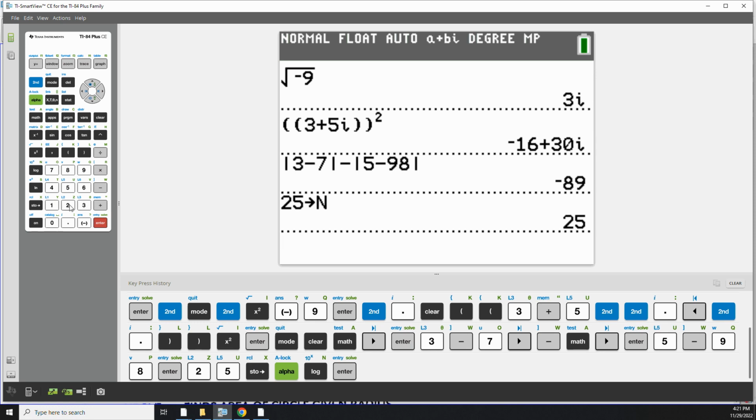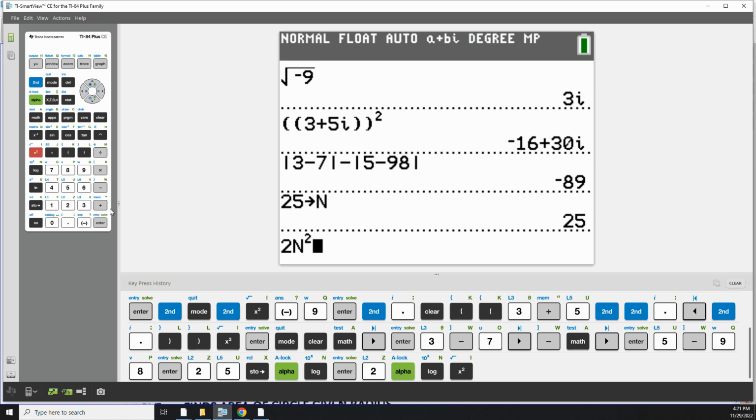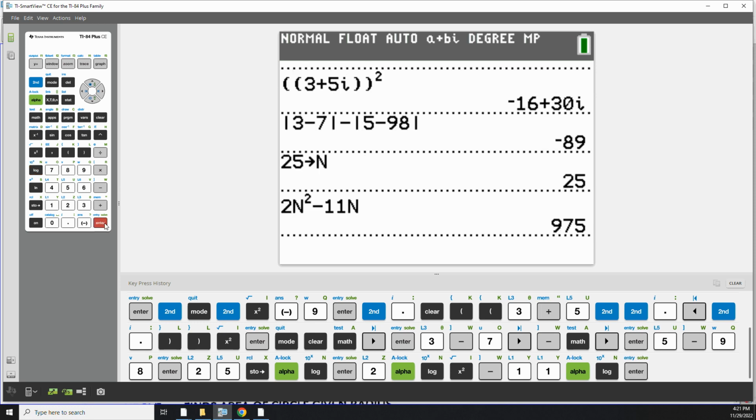So suppose I want to do 2n squared minus 11n. It does the work for me. Ta-da! 975. You like n? I'm a math teacher. Guess what I like? X. Right?